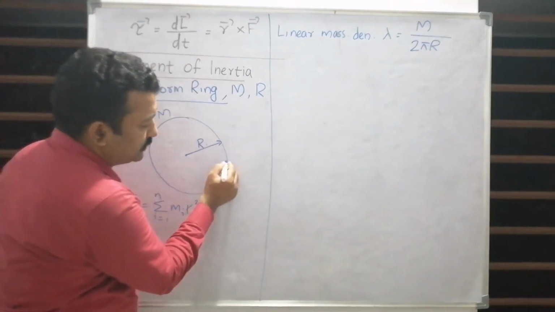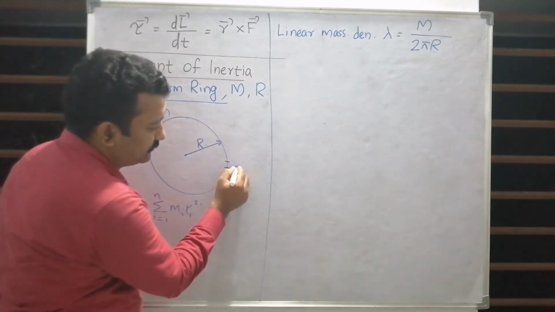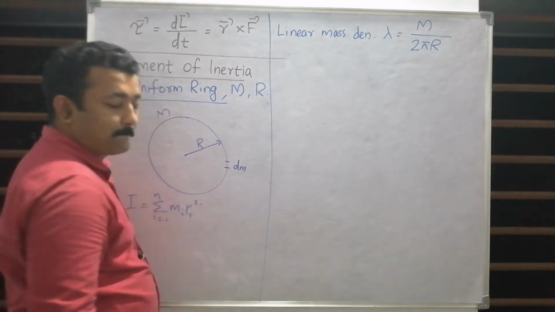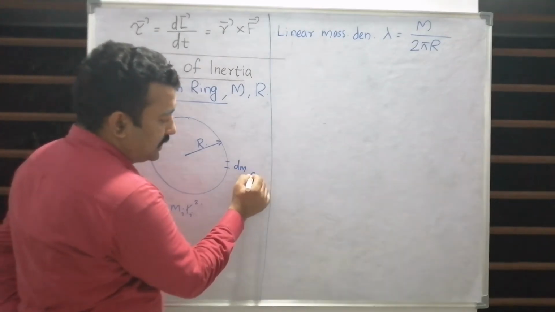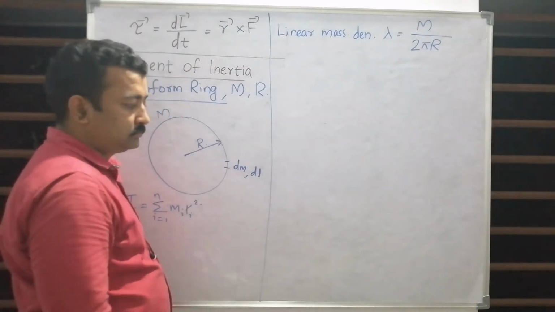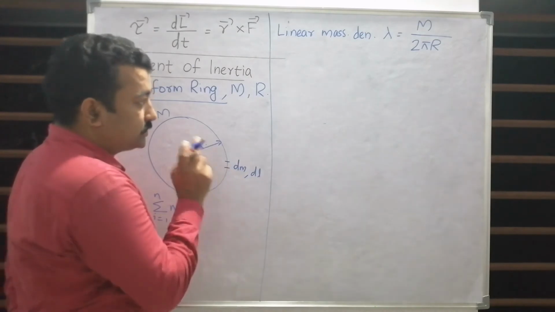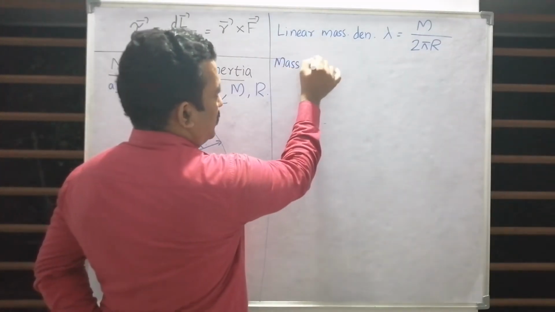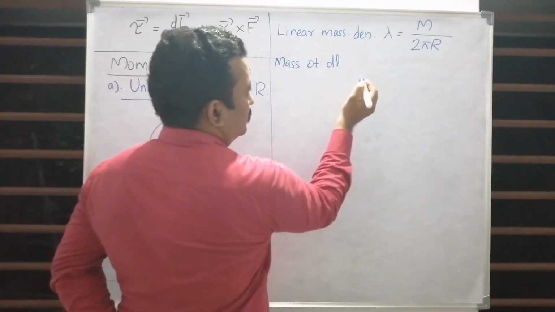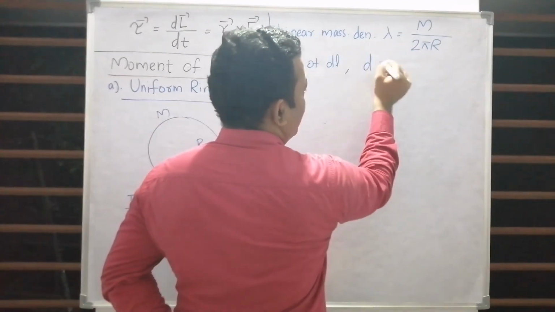Now let me assume there is a small elemental mass dm which has a small length, say dl. So what is the mass of that small element? Mass of dl, say that is equal to dm.